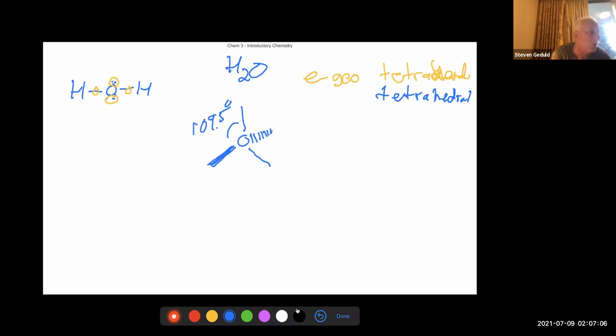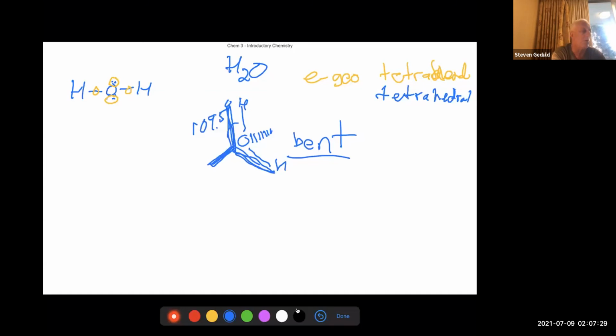For the molecular shape, you only count where there's attachment. You do not count the non-bonding electron pairs anymore. They're still there, influencing shape, but we have a hydrogen here and a hydrogen here. So this is our shape. The molecular geometry is bent. The electron geometry is tetrahedral.